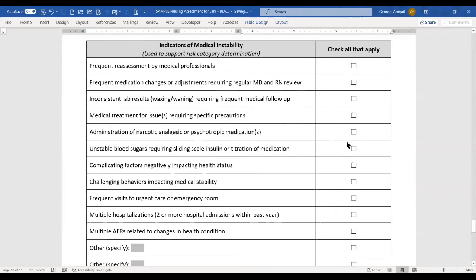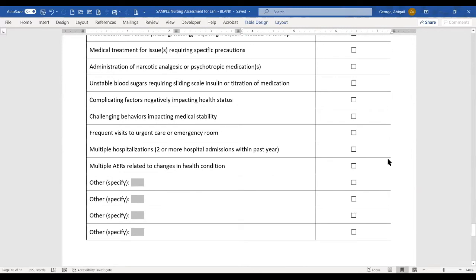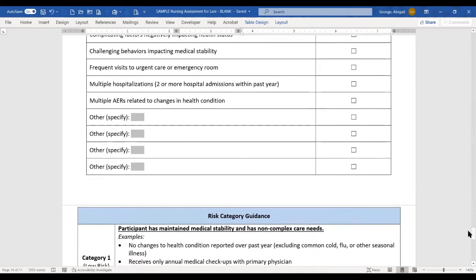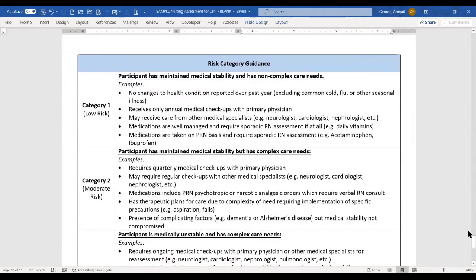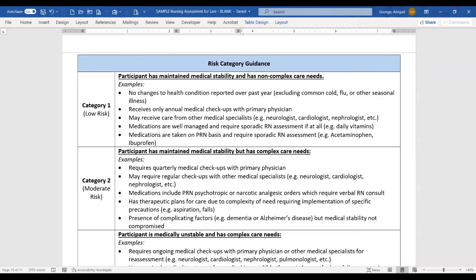So in that first section, Abby had put no indicators of medical instability, and that's why you identified category 1. Any questions on that, or how worksheet A or worksheet B align with any part of the other sections? Straightforward now, yeah? Okay. Yes, thank you.